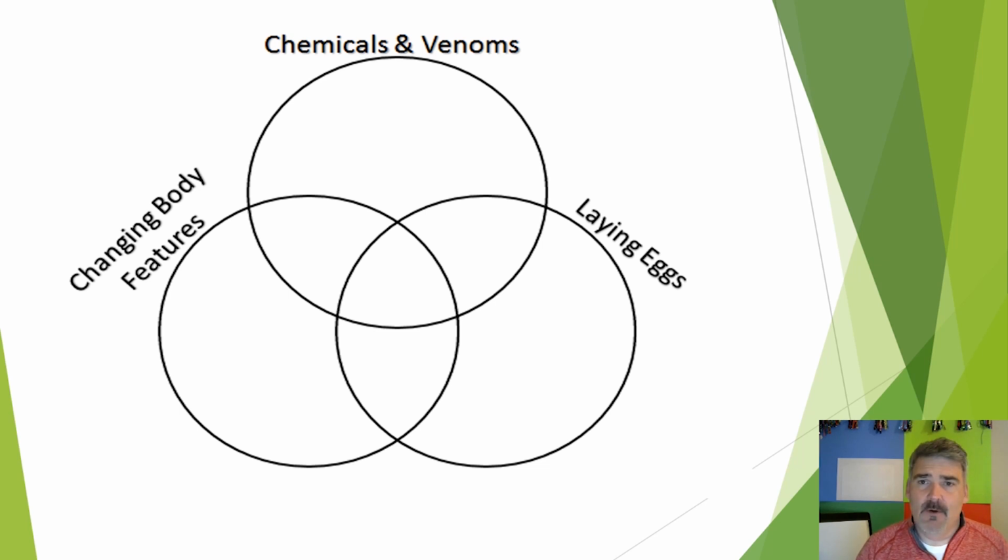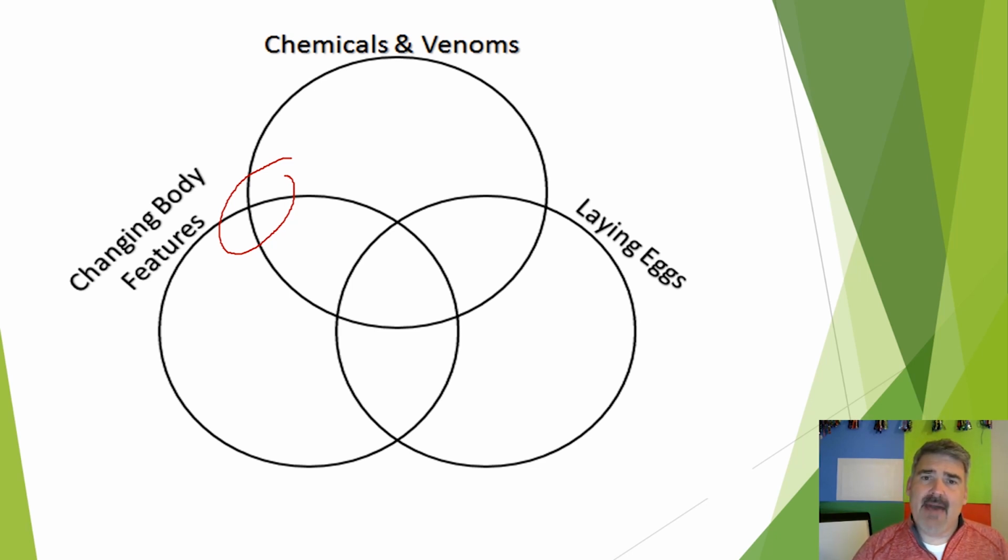For example, if we read about a parasite that uses venom and changes body features, but it doesn't lay eggs, we'll put this in the upper left-hand section where the circles overlap to show that it's in the chemicals and venoms and changing body feature circles, but not in the laying egg circles.